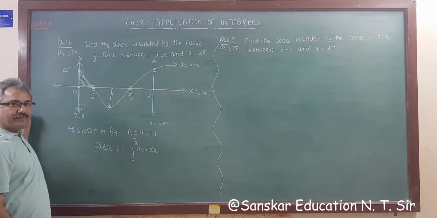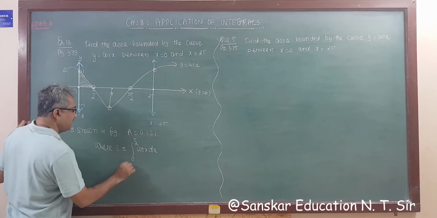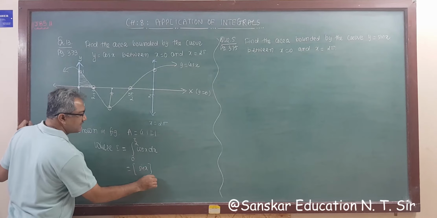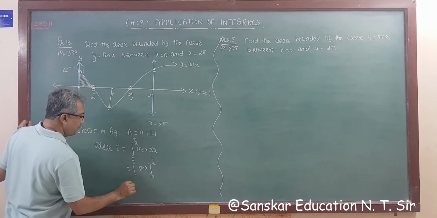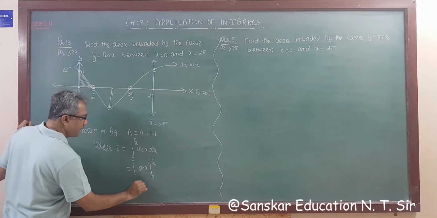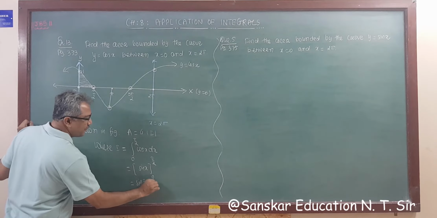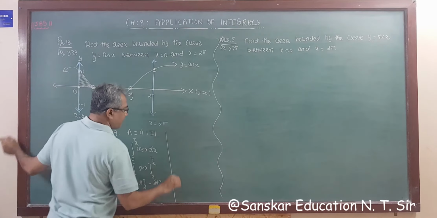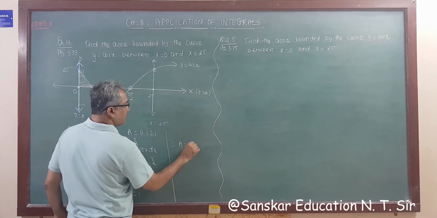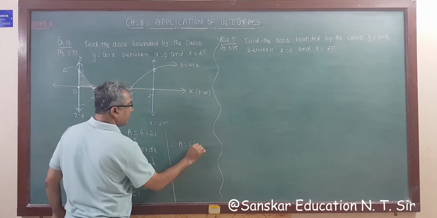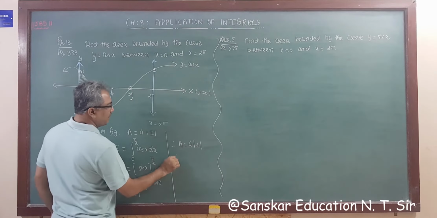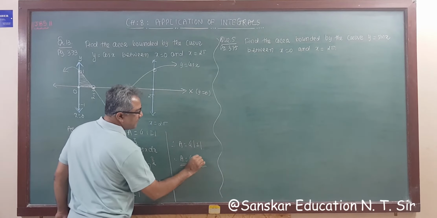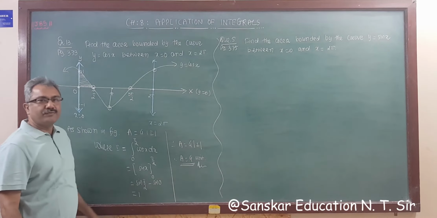The integration of cos is sine, so we get sine x from 0 to pi by 2, that is sine pi by 2 minus sine 0, and sine pi by 2 is 1. Therefore A is equal to 4 times modulus of 1. So A is equal to 4 units. This is your answer.